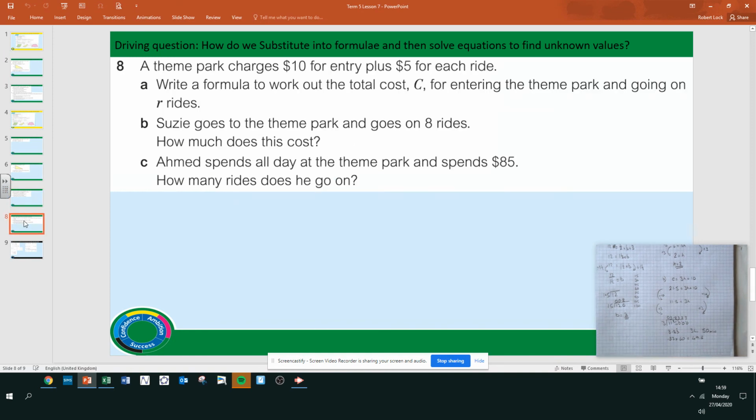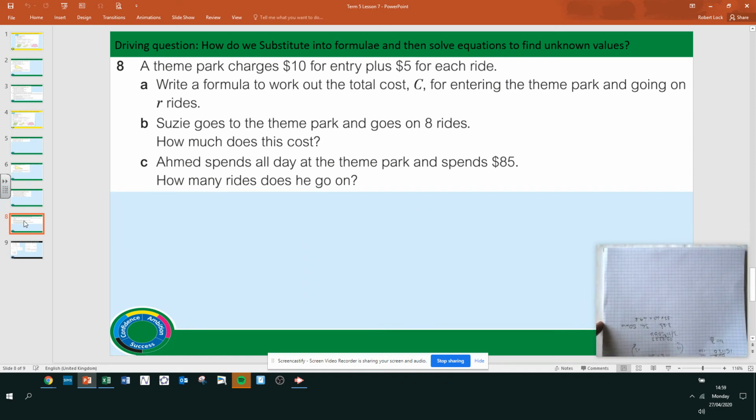Question 8. The theme park charges $10 for entry plus $5 per ride. A: Write a formula to work out the cost C for entering the theme park and going on R rides. B: Susie goes to the theme park and goes on 8 rides. How much does this cost? C: Ahmed spends all day at the theme park and spends $85.